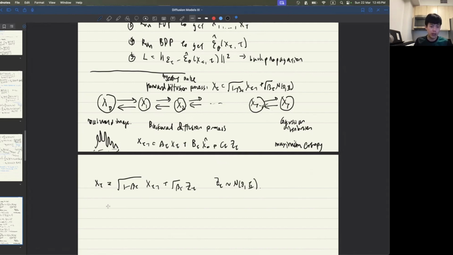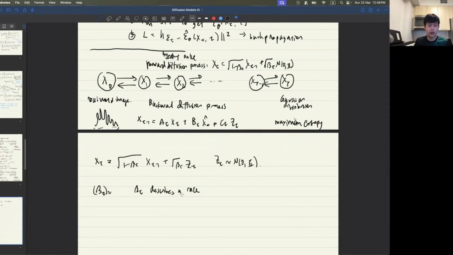Well, in the continuous case, firstly, let's talk about this variance schedule beta t, right? Our beta t can no longer be indexed by natural numbers. This t must be a continuous one. So the idea is that beta t now describes a rate. It is the rate of decay of the signal, right? Because we are multiplying square root 1 minus beta t to the previous state. So if we look at this term carefully, square root 1 minus beta t, we know that beta t must be very close to 0.